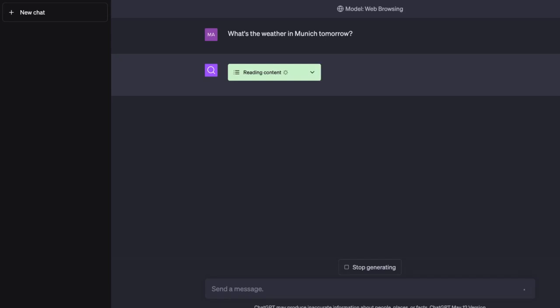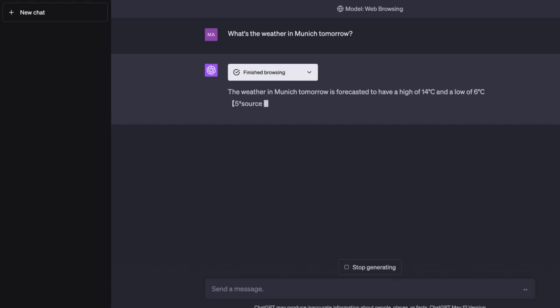But without those capabilities, if you're, for example, only using the free version of ChatGPT or a model that does not have web browsing enabled, this cutoff date is one limitation you should keep in mind.